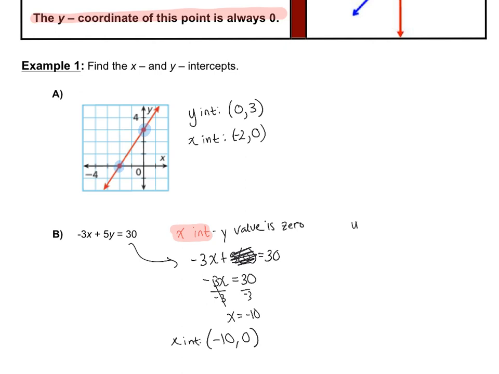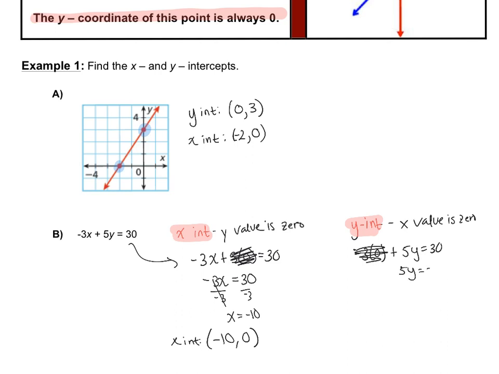Okay, in order to find the y-intercept, well, for a y-intercept, the x value is 0. So I'm going to be plugging in 0 for the x in this equation. -3 times 0 is 0, so we don't need that.